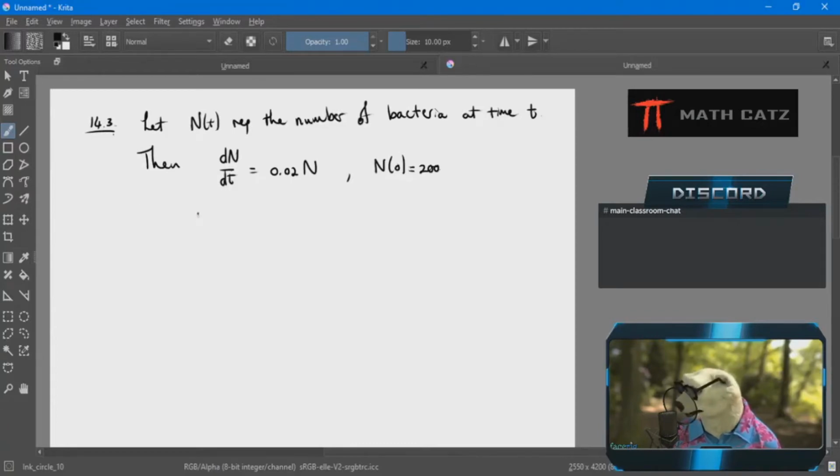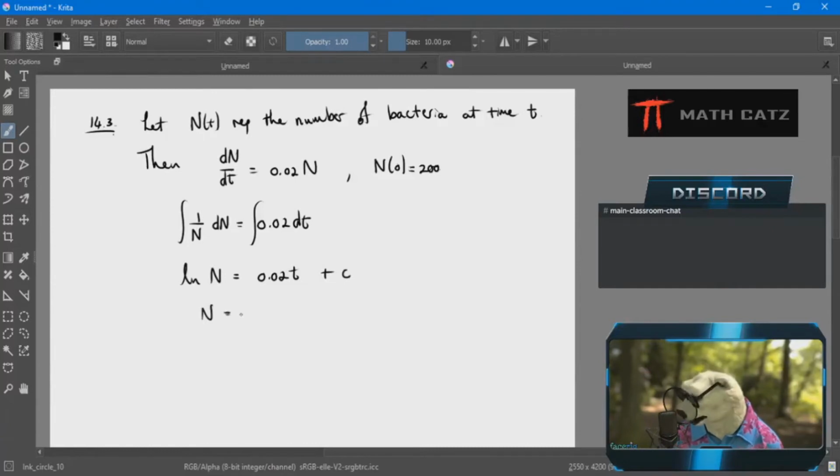So I separate the variables in the exact same way. Then I integrate both sides. So the natural log of n is 0.02t plus my constant, and therefore n is e to the 0.02t plus my constant, which I'm going to write as big M e to the 0.02t, with M being e to the c, exactly the same as before.